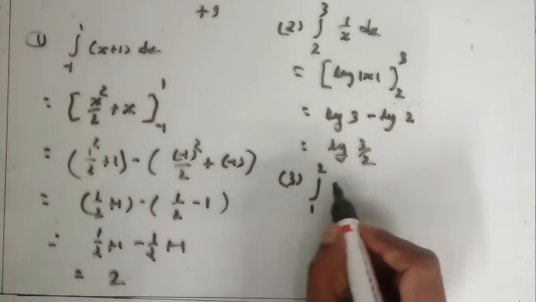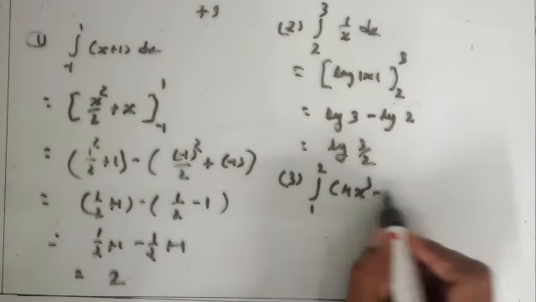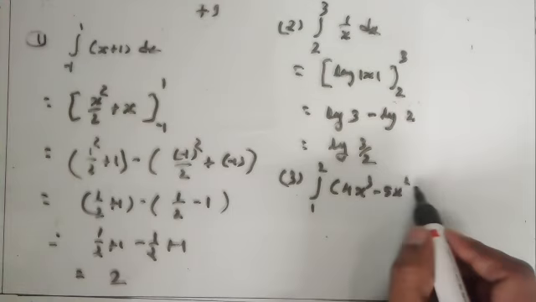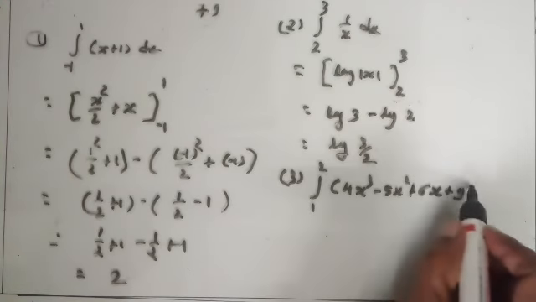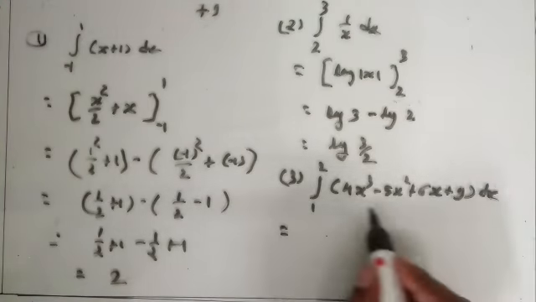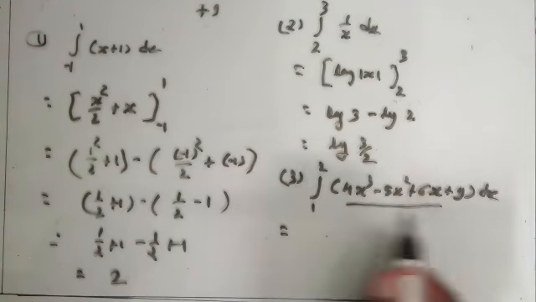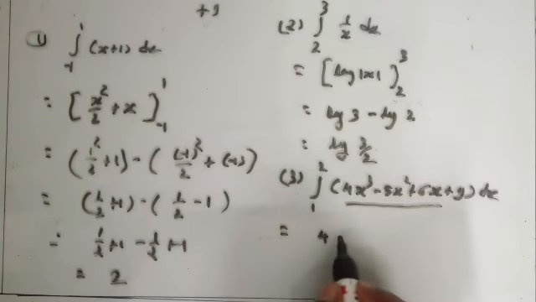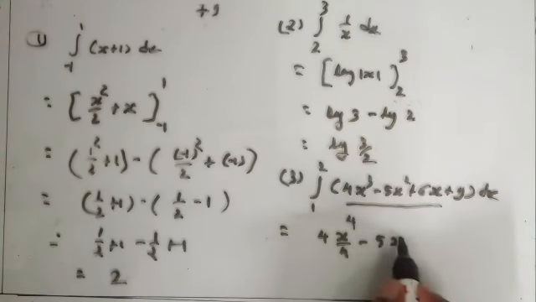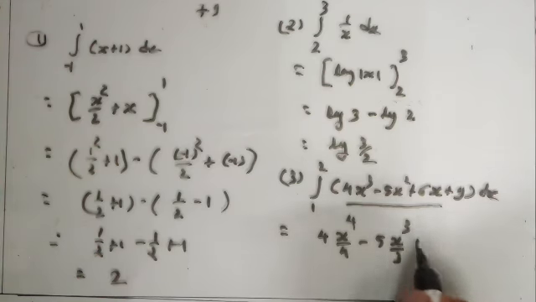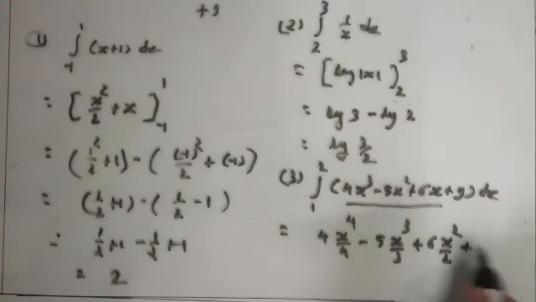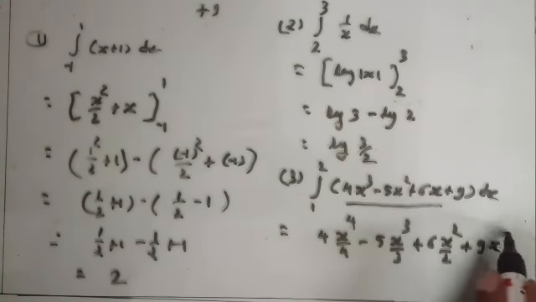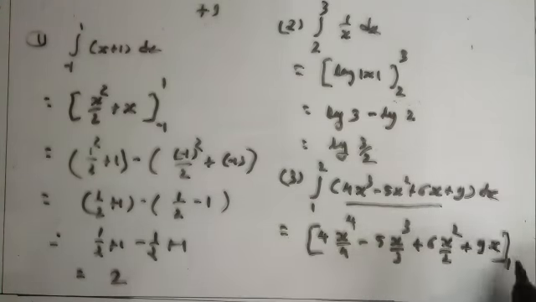Now question number 3, same: the integral from 1 to 2 of (4x raised to 3 minus 5x square plus 6x plus 9) dx. First find the integration of each term, then apply the limit. 4 times the integration of x raised to 3 is x raised to 4 upon 4, minus 5 times the integration of x square, which is x raised to 3 upon 3, plus 6 times the integration of x, which is x square upon 2, plus 9 times the integration of 1, which is x, and apply the limit 1 to 2.